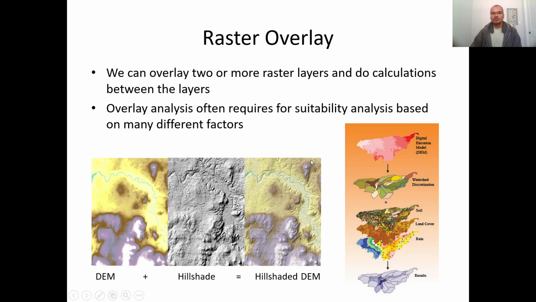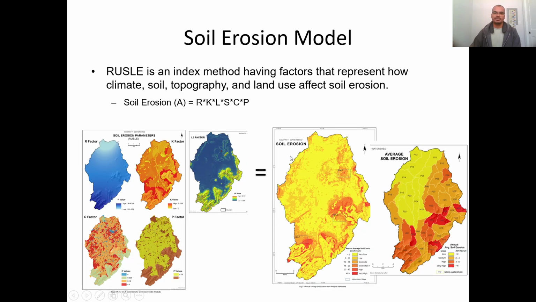You can also compare two or multiple raster layers using overlay functions. And these overlay functions are often required for suitability analysis based on different factors. This is a very fundamental tool in raster-based spatial analysis, the raster overlay function, using which you can perform simple spatial analysis as well as very complex spatial analysis by adding more weights, more relationships, etc.